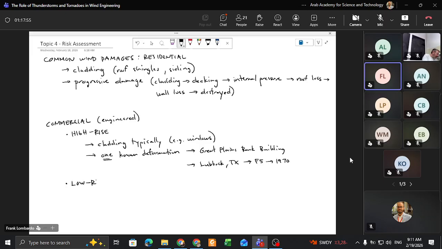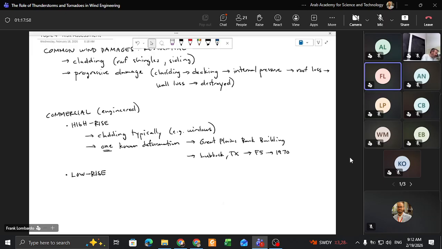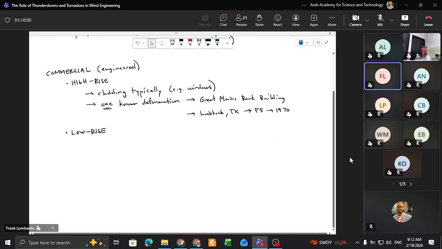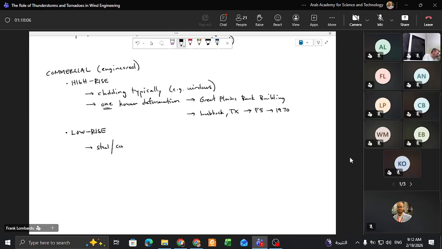Okay, low-rise commercial buildings. So these would be, again, sort of 1, 2, 3-story steel frame structures or concrete frames. Okay, these typically do well.